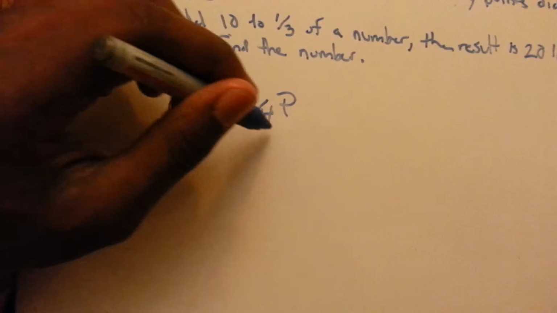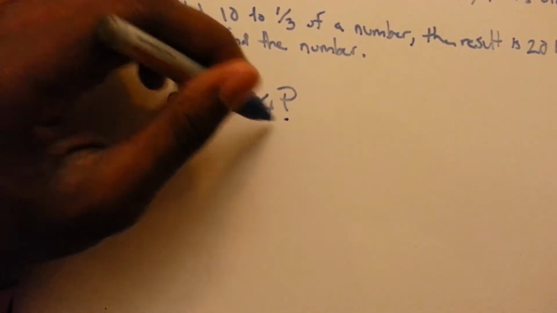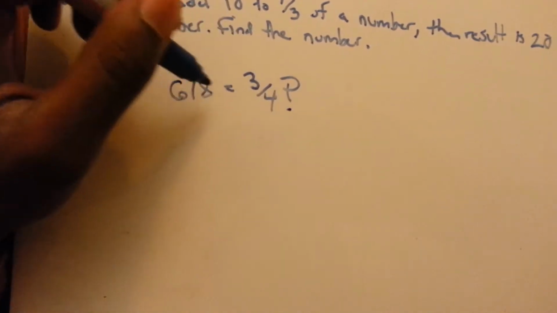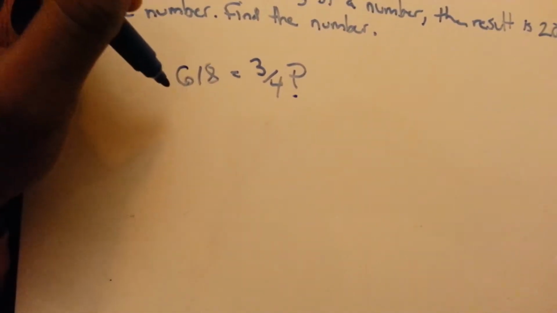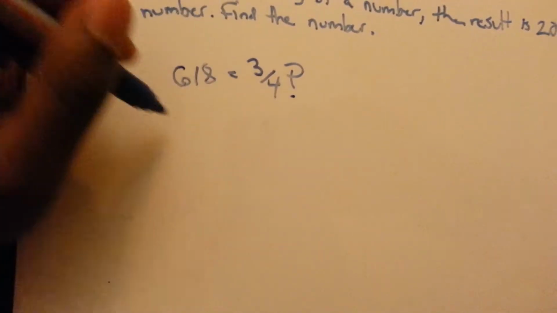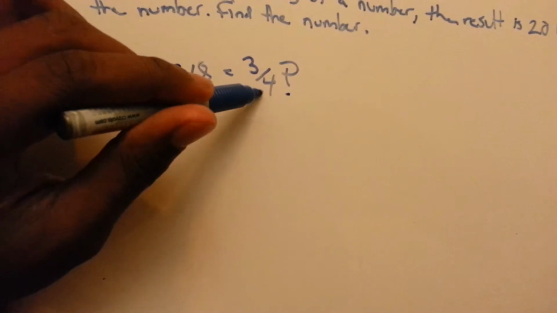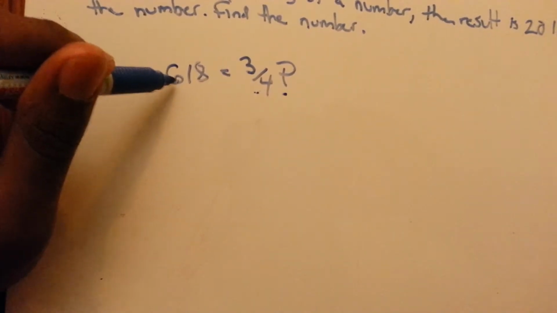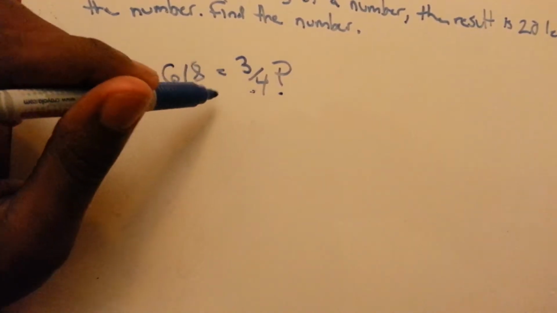So we have to figure out how many total points. All we do is multiply or divide by 3/4. But if you don't know what 618 divided by 3/4 is, like me, what you can do is multiply your number by the denominator, 4, and then divide it by 3.